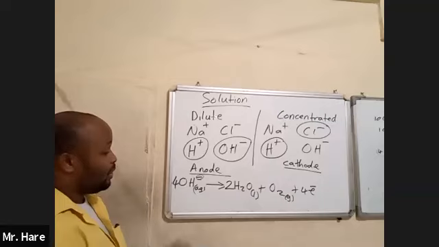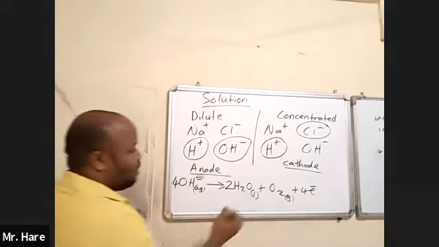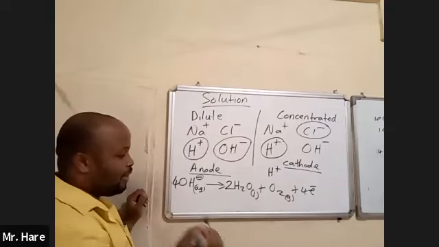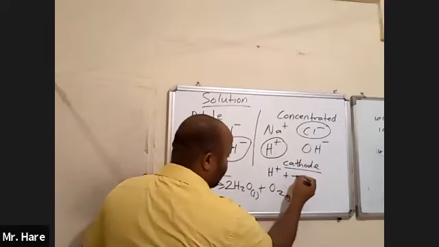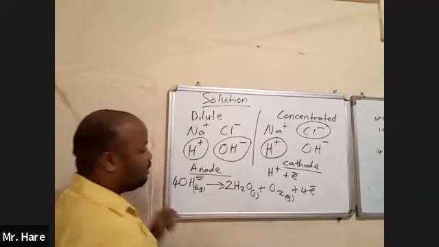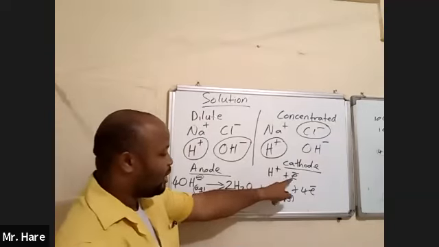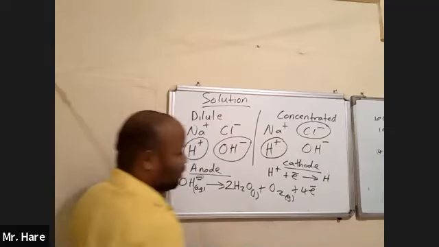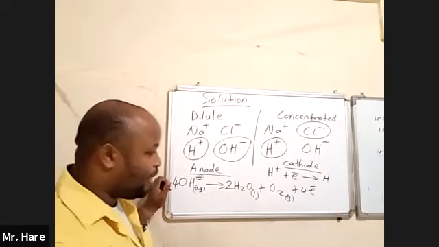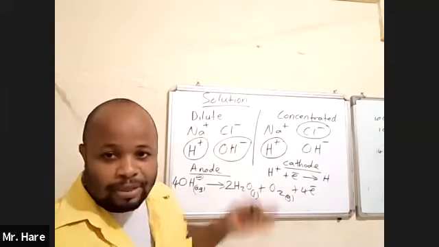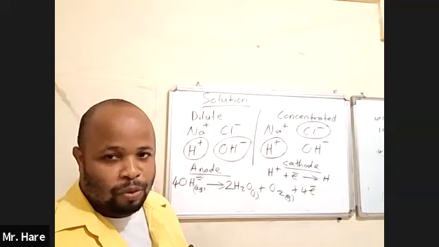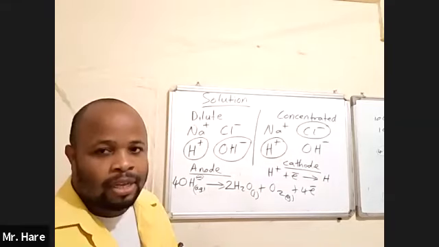For hydrogen now, at the cathode, you have hydrogen ions. Remember we said positive ions are going to gain electrons. So if the hydrogen ion gains an electron, that will go to form hydrogen. However, hydrogen, like the halogens, is a diatomic molecule, so it does not exist as an atom.